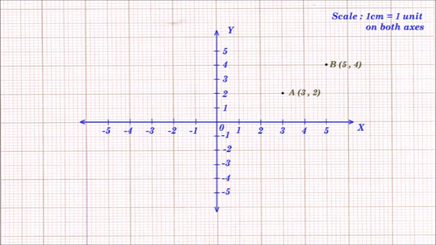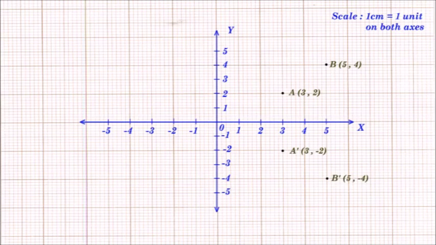Now we reflect A and B in the x-axis. So the x coordinate will remain the same, whereas for the y coordinate the sign will change. So we will get A dash with coordinates (3, -2) and B dash with coordinates (5, -4).